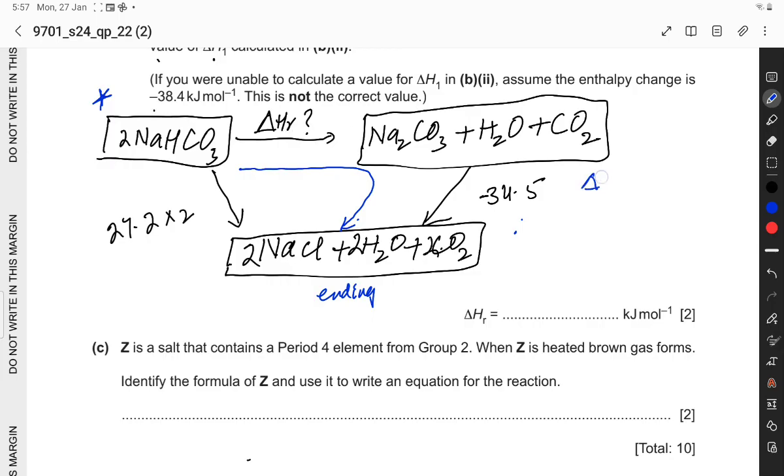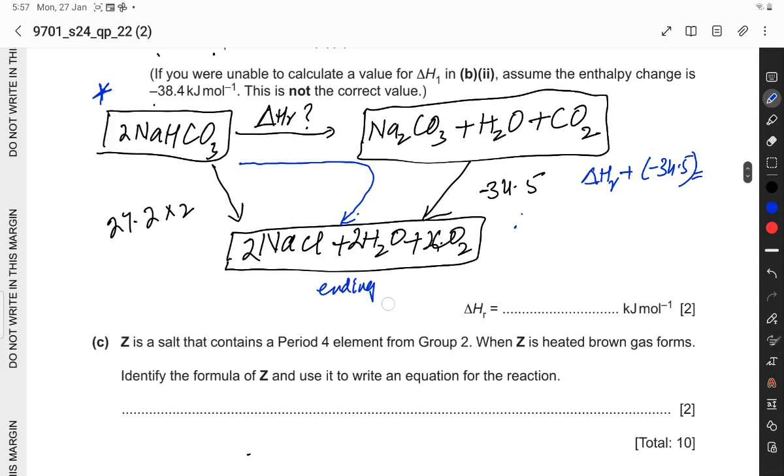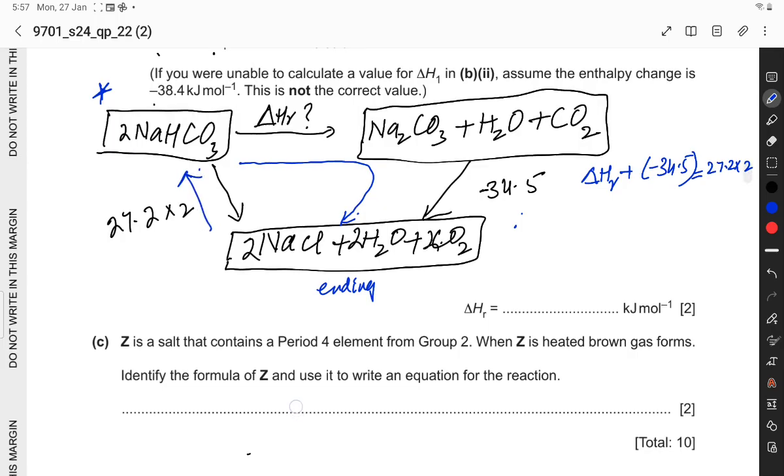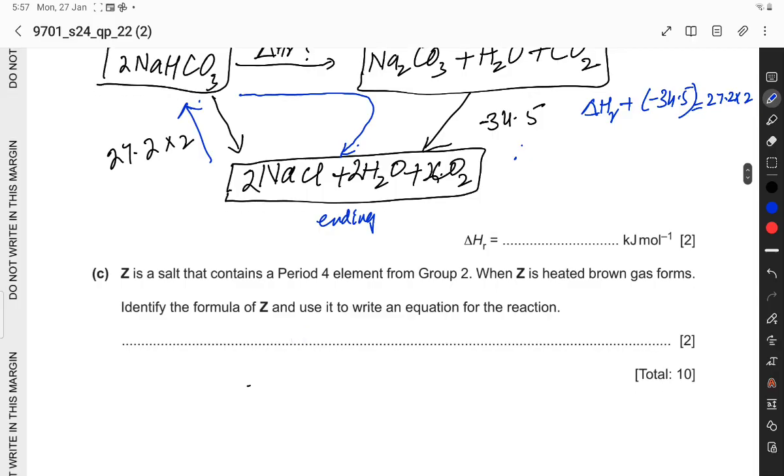Using this value, delta HR plus minus 34.5 is equal to 27.2 into 2. Another arrow is like this.